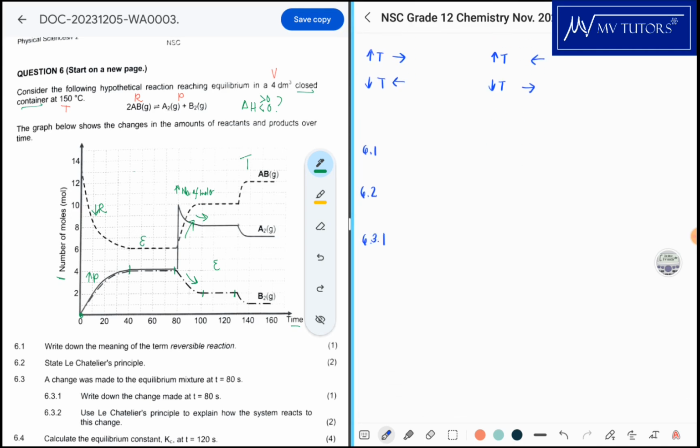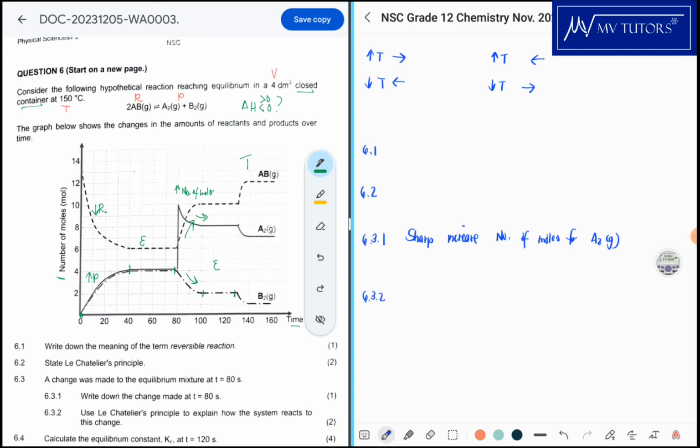Now 6.3 says a change was made to the equilibrium mixture at 80 seconds. We did discuss it. Now it says write down the change. So basically we have a sharp increase in the number of moles for A2, the product A2, the gas.